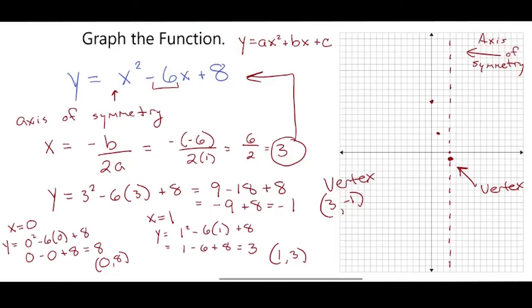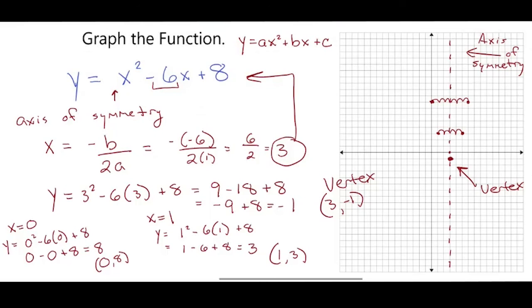So if I go from my point here at 1, 3, and I go in 1, 2, I should be able to go 1, 2 from the axis of symmetry and make another point. And up here at 0, 8, I should be able to go 1, 2, 3 to the axis of symmetry. And then if I go 1, 2, 3, I should have my other point.